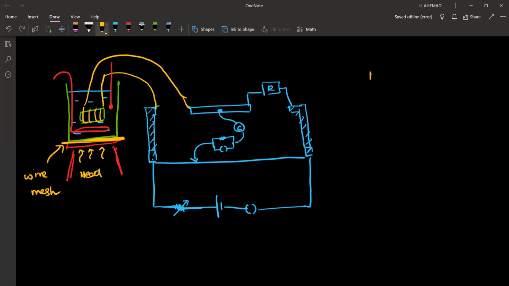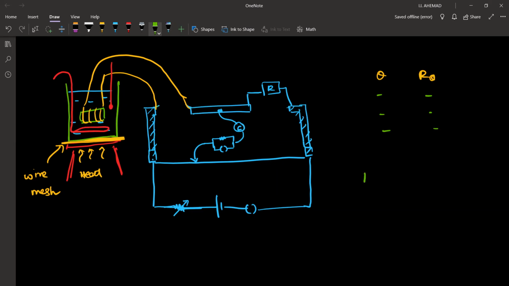And find what is the resistance at that temperature. So theta and R theta. We put a table, theta and R theta. So for given temperature, what is the resistance? We find that. Once we have found, we can plot a graph.